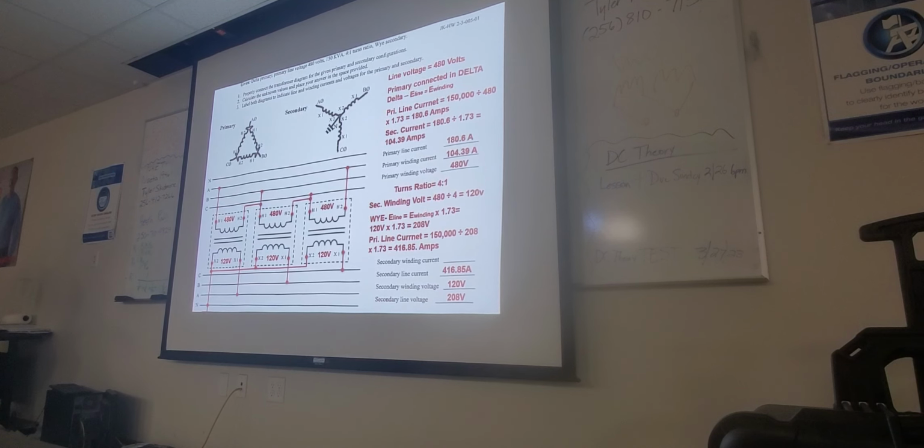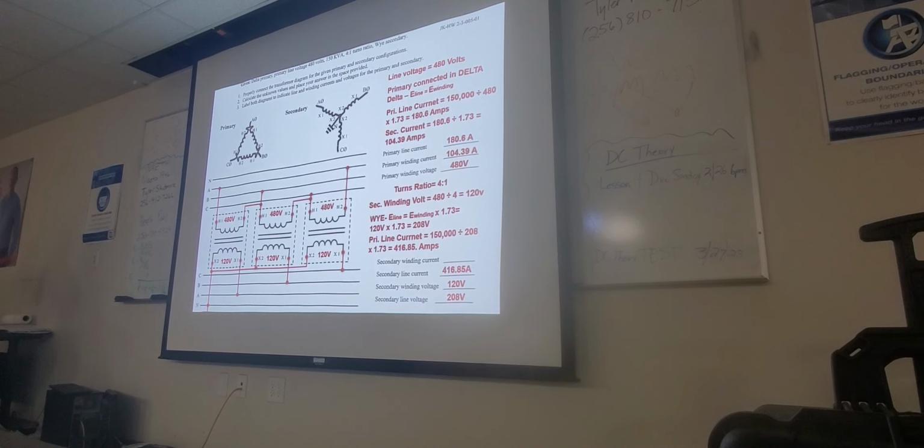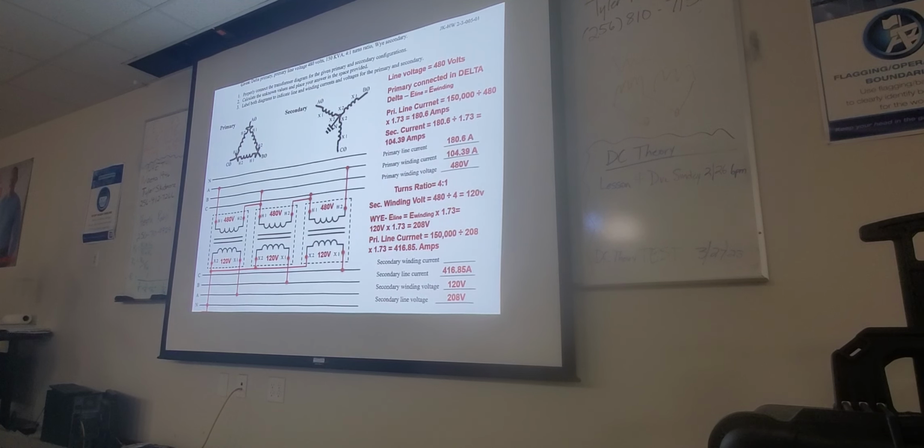All right, on our secondary line current, it's 416.85 amps at 208 volts. Okay, if we do these calculations, if we take our line voltage times our line current times 1.73 on both primary and secondary, they have to equal each other.